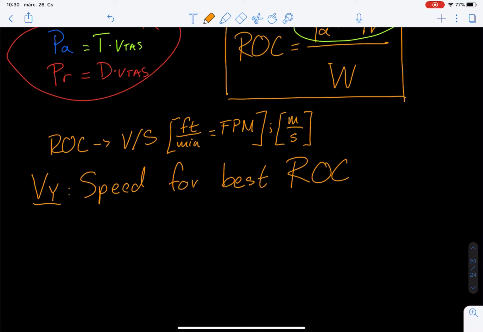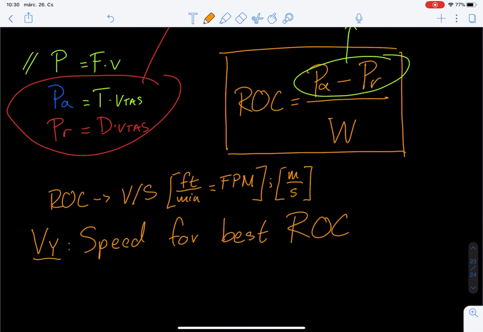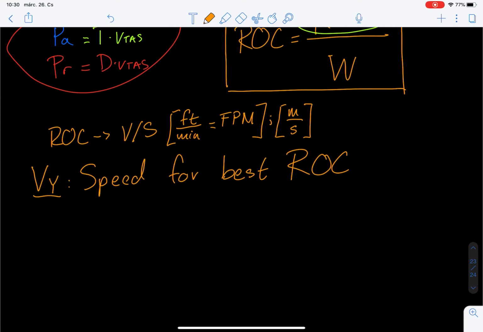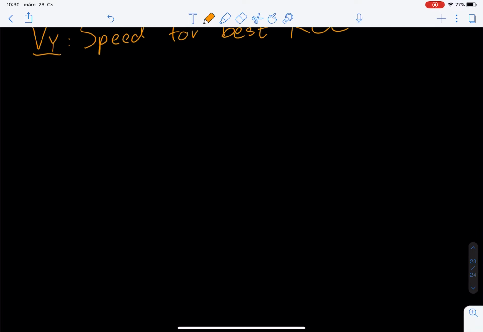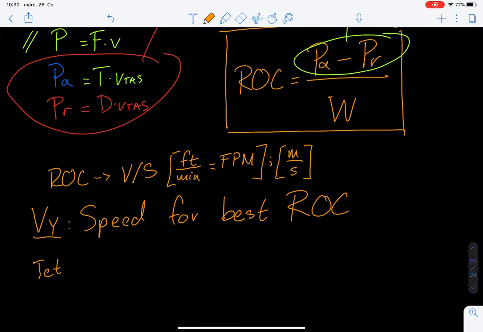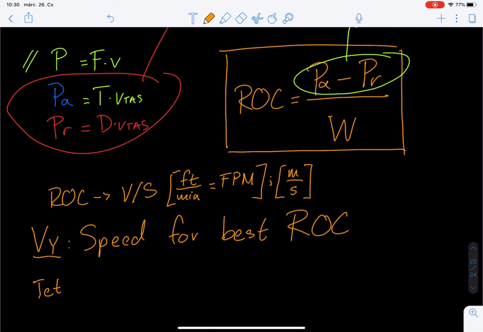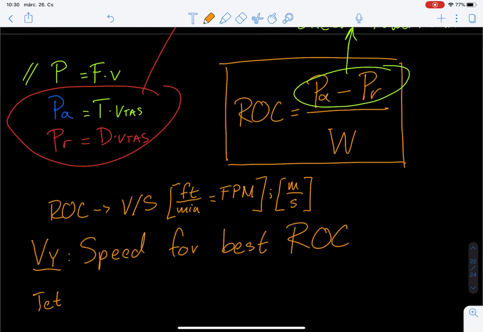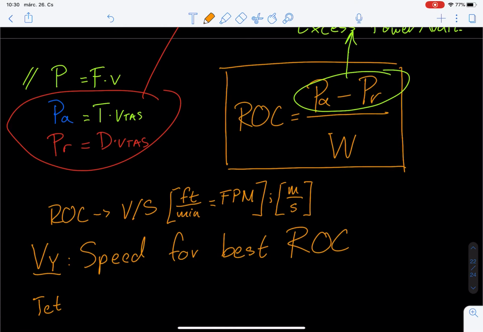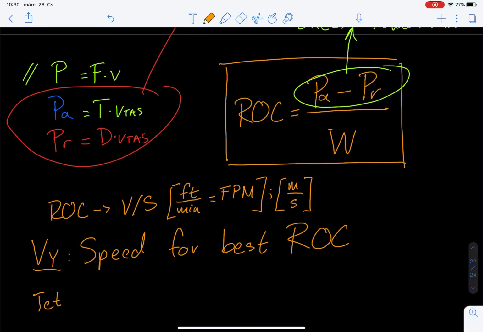So let's start by examining the jet. Where is this Vy for the jet? To understand that, we need to understand what the rate of climb is a function of. It's a function of the weight. The weight is not going to affect Vy with regards to the type of propulsion, because whether you're a jet or propeller, weight is weight.